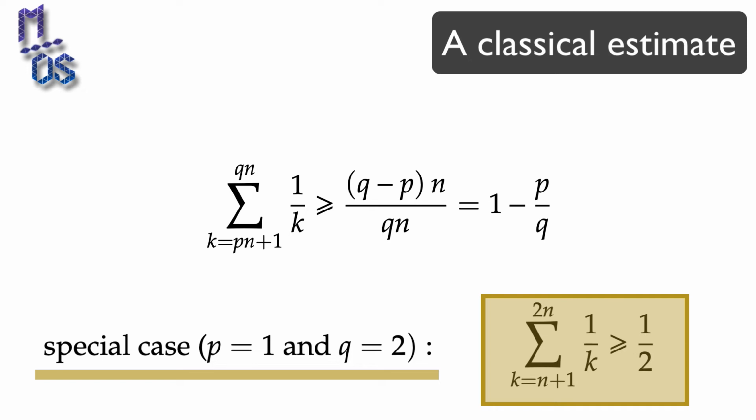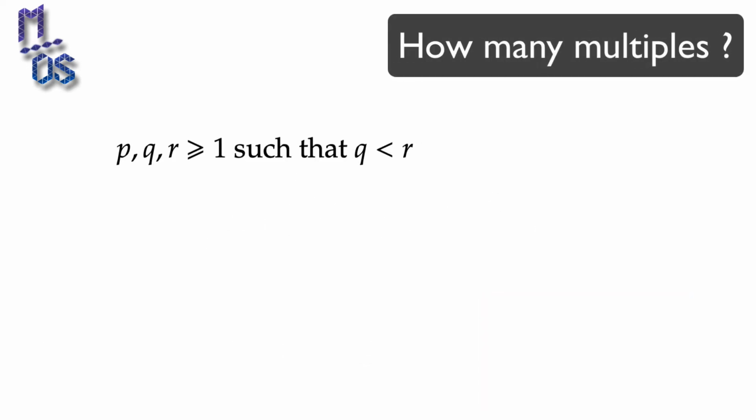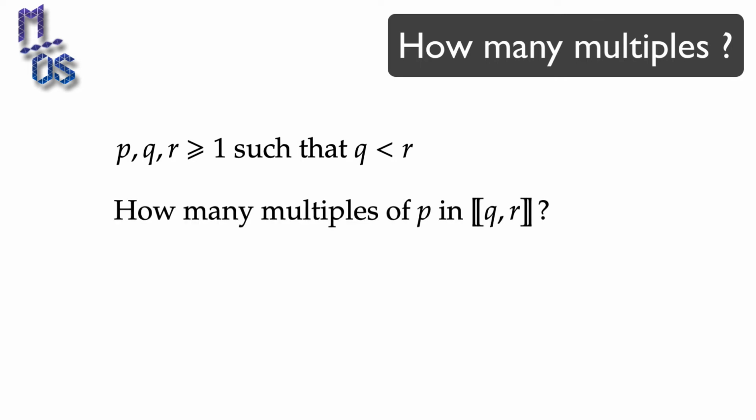Now, let's move to another context. Given three positive integers p, q, r such that q is less than r, how many multiples of p are comprised between q and r? Such an integer must be of the form k times p, where the integer k is such that the following condition holds.